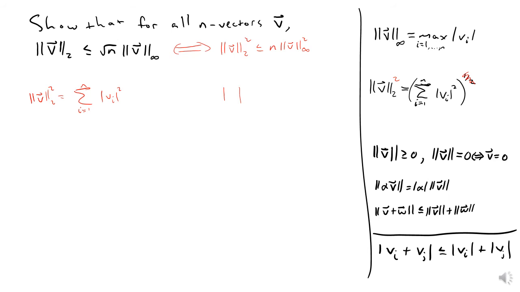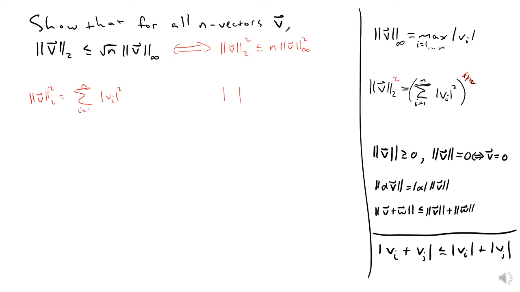Now, similar to what we did on the last one, we know that somewhere in this sum is one of these v sub i's that is the biggest in absolute value.